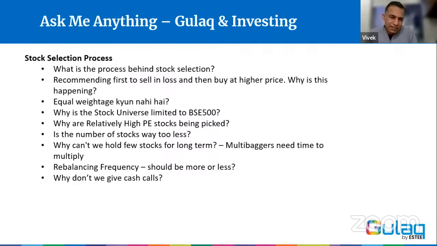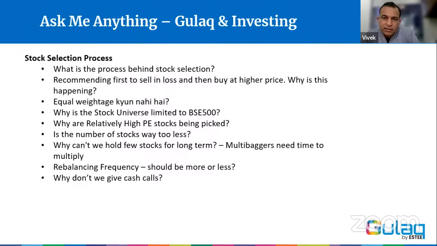There are all kinds of investors. Some investors want to hold for the long term and want to have multi-baggers in their portfolio, whereas other investors at the other extreme end are tracking these prices maybe on a daily basis and want to take action on a daily or weekly basis, right?